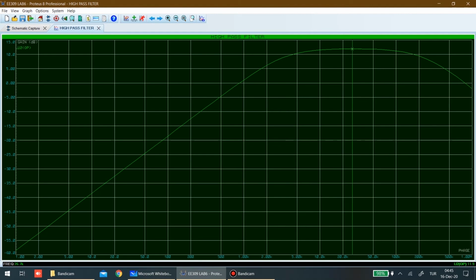Here the maximum gain is approximately 12 decibels, and 3 dB below it is approximately here. As you can see, 3.39 kilohertz.